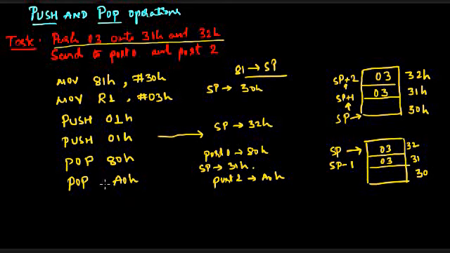If it starts with A, B, C, then we need to precede it by 0. We need to write 0 before it. Now we have popped whatever data was present on 31H to 0A0H, that means port 2, and SP gets decremented after the execution of this instruction, and now it is pointing to 30H, and we have moved data 03 to port 2.